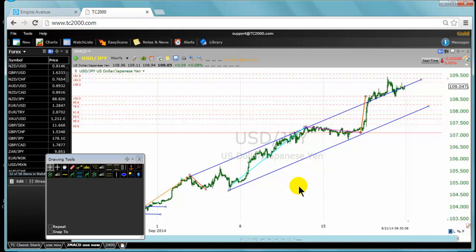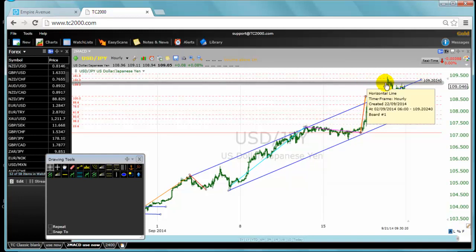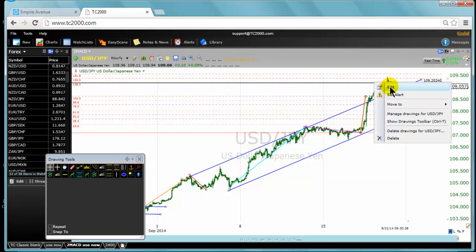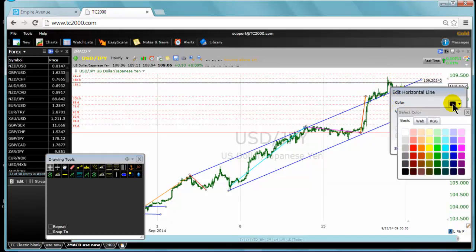The level we are watching is the 138% Fibonacci extension zone right here. As you can see, the fifth wave ended here. When I use my Fibonacci extension for the fifth wave alone, we see that the price has stopped in the zone, not exactly on the dot, but in the zone of 138% Fibonacci extension.